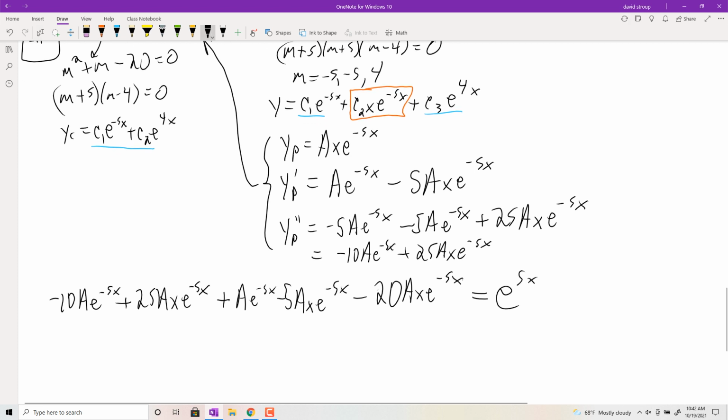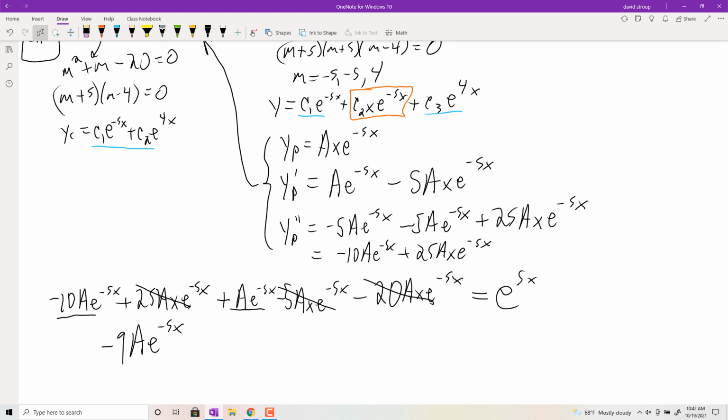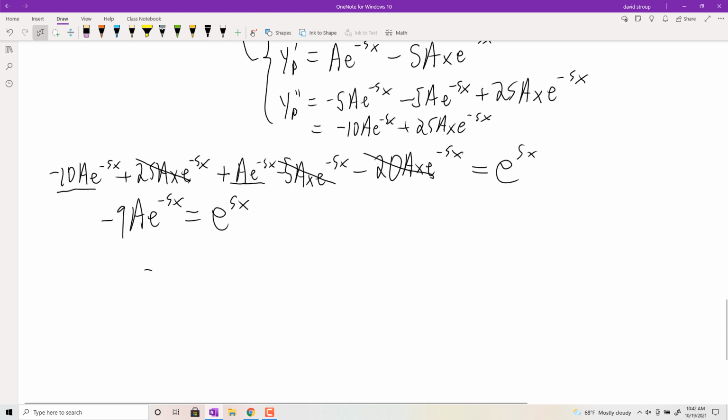Combine like terms on the left here, so I have negative 10 of those plus 1 of those is negative 9 of those. And then 25 of these minus 25 of them is 0 of them. So e to the 5x. So equating coefficients, you get negative 9a equals 1, so a equals negative 1/9.